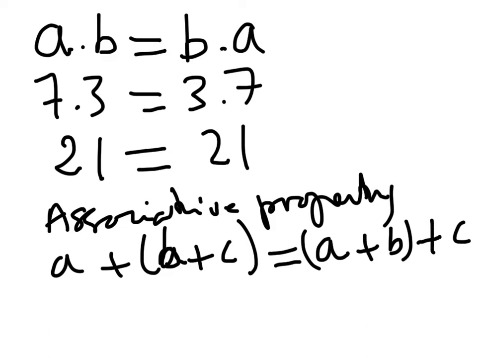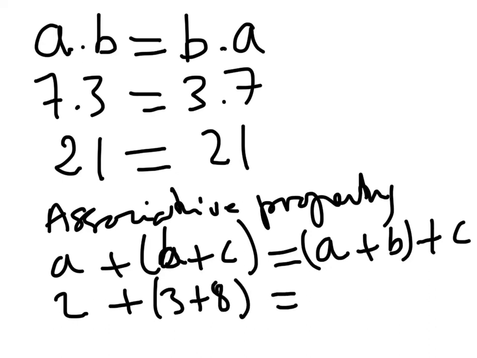So this is what the rule is. Now we have to use an example to verify and see if it works. So you have (2 plus 3) plus 8. Does it equal 2 plus (3 plus 8)?